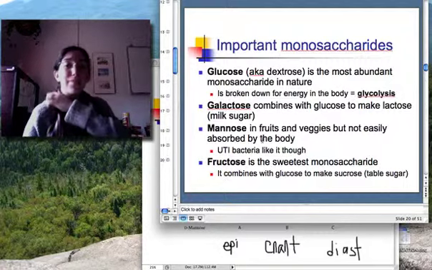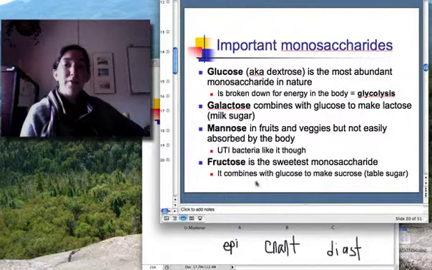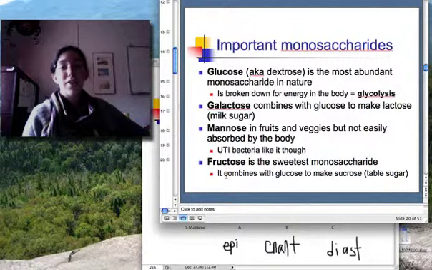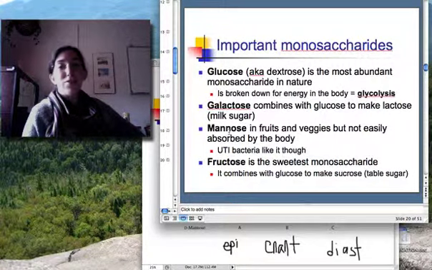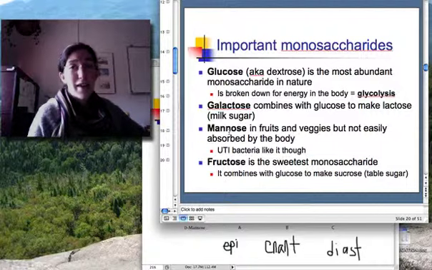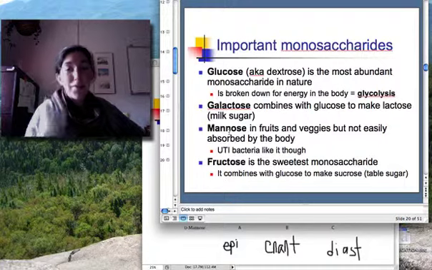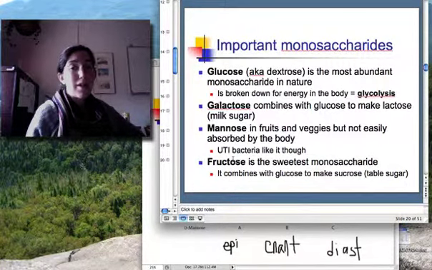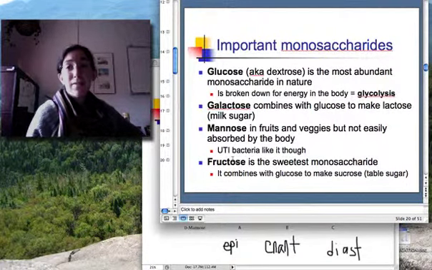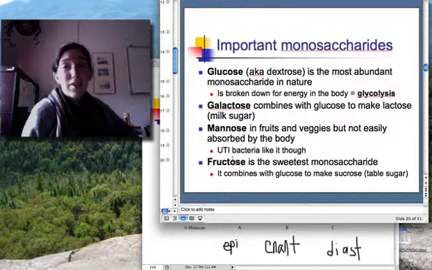That's how it works. So fructose is, I would say, the third. I don't really know why they choose to talk about mannose, because it's not really an important monosaccharide in our daily life. But fructose is another one that's really important. It's found in table sugar, the added sugars to our foods.